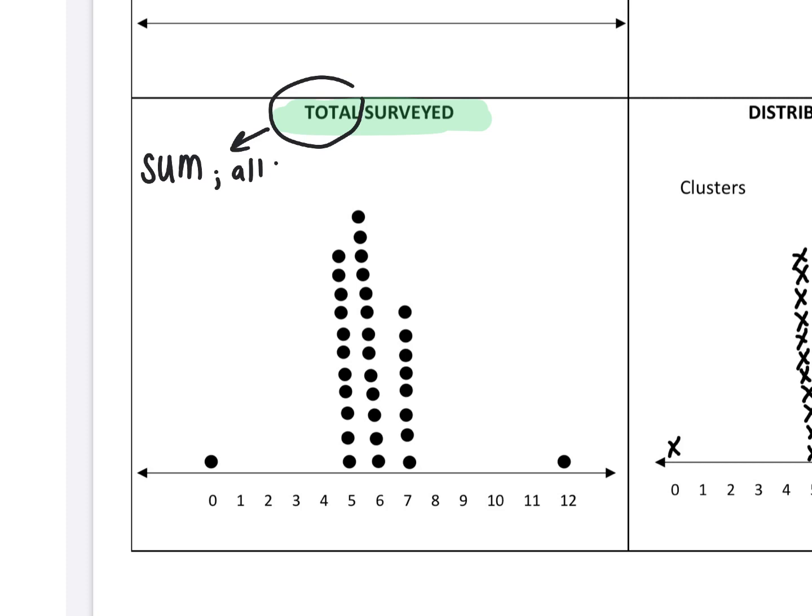It usually refers to addition. So the sum of, or all, or addition. What we're going to do is figure out the total amount of people surveyed. So I want you to write down the question.